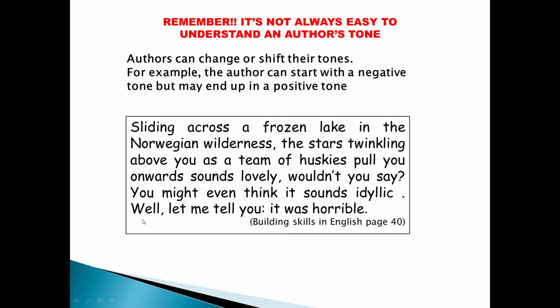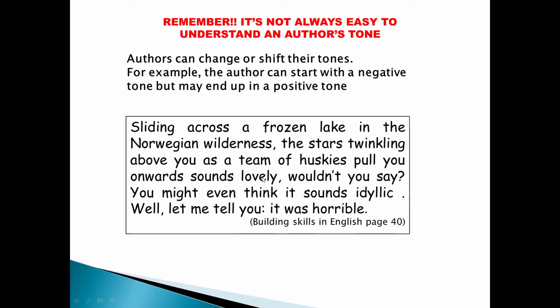But in the last line, suddenly he changes. So he's being positive about his holidays. But in the last line, he says, "Well, let me tell you, it was horrible." So the word that he has chosen to describe his holiday actually is horrible. But don't get confused in the beginning.